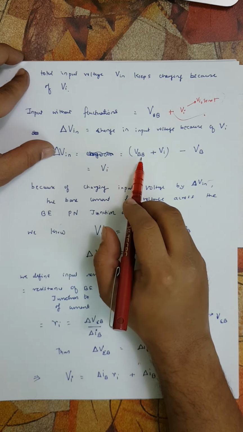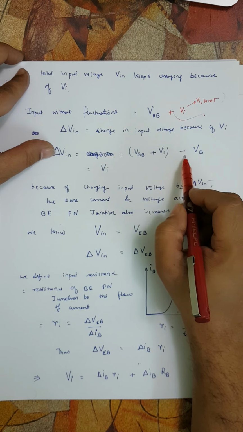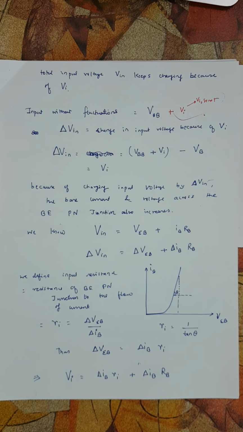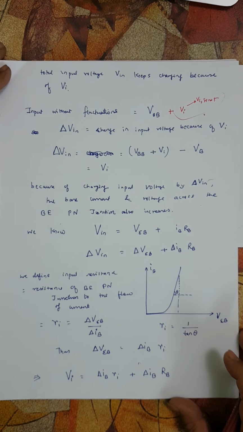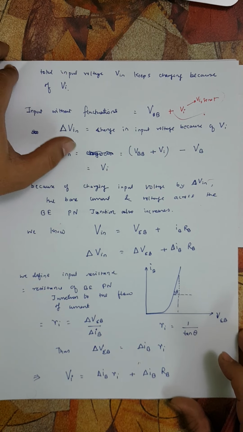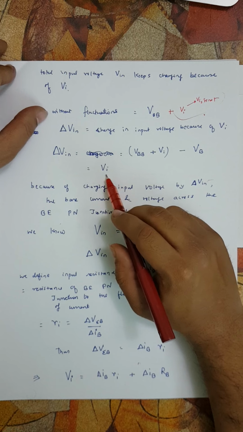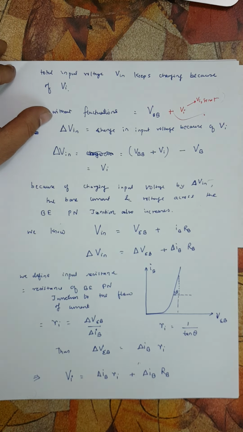The change will be when it is added up minus when it was not added, which is basically Vi. So this change in the input voltage over and above VBB is equal to this Vi. Now this Vi keeps changing sinusoidally as time progresses.